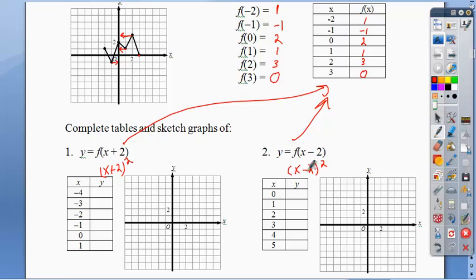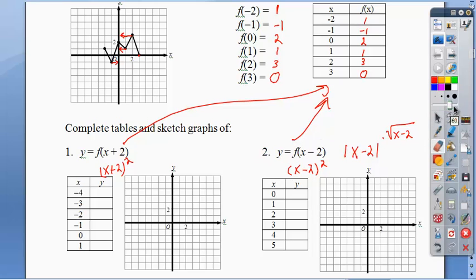Or if we were talking about absolute value, it would look like the absolute value of x minus 2. Or if we were talking about the square root, it would be the square root of x minus 2.